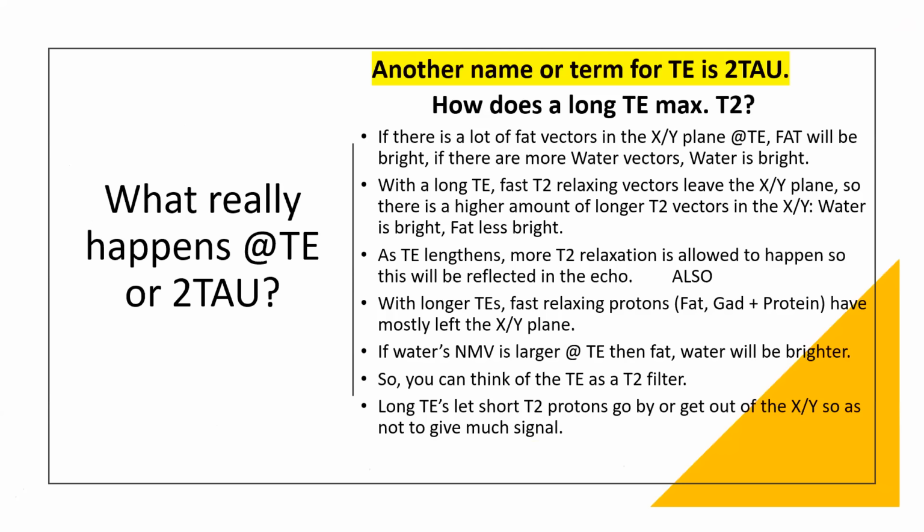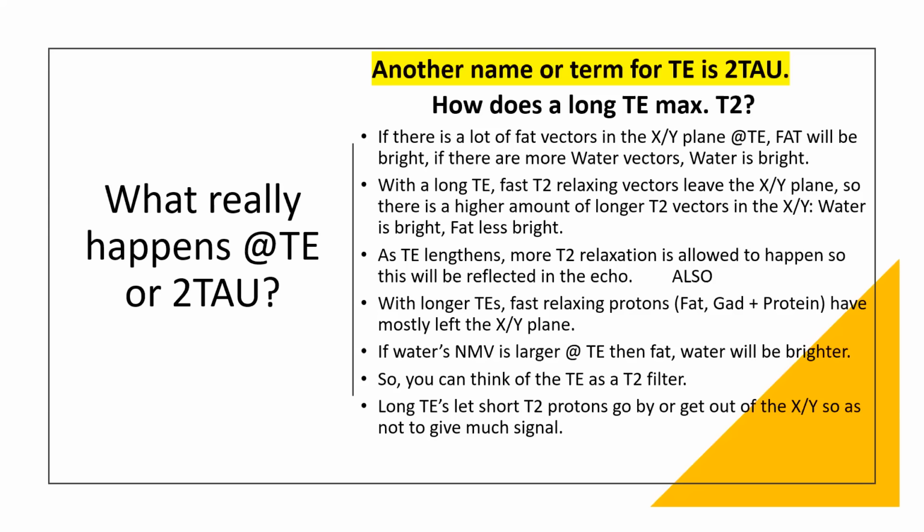The time from the 180 to the echo is 1 tau. So 1 plus 1 equals 2 tau. So if they say, if you use a long 2 tau, that means a long TE. So just so you know, that's what 2 tau means. It's another name for TE.